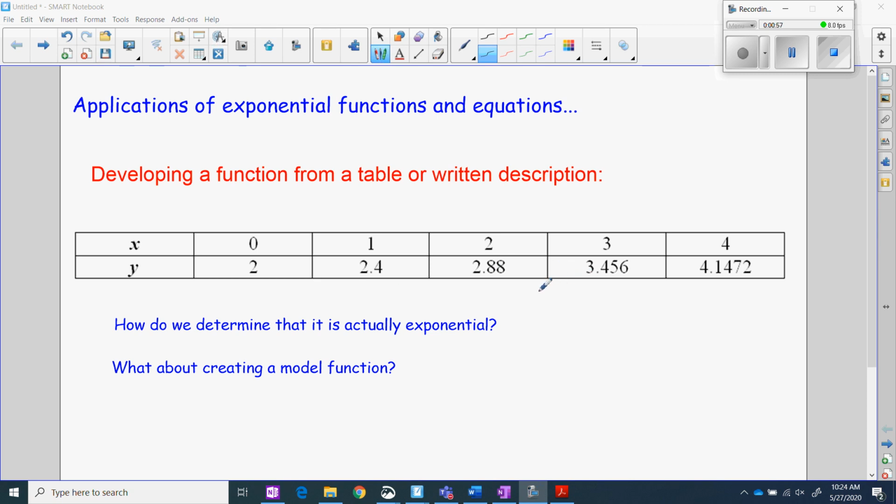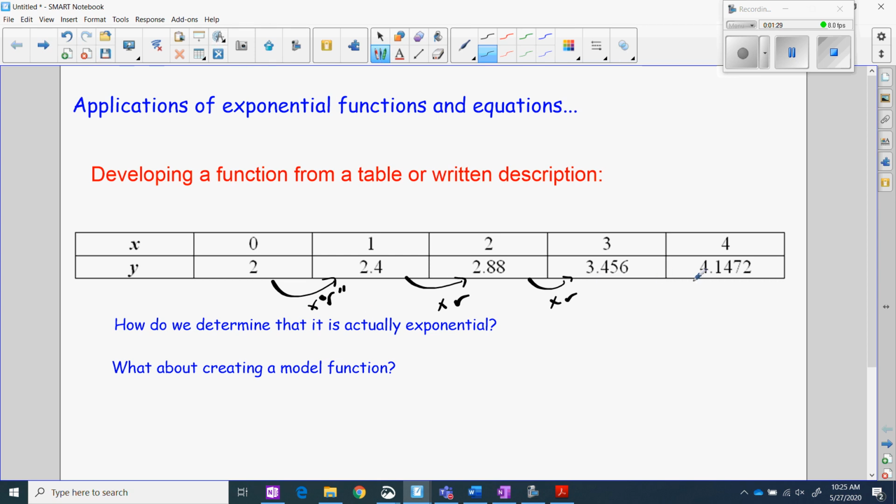To be exponential, you have to be taking this number and multiplying it by some number, and the letter we use is R, the common ratio. Then this one has to be multiplied by the same thing again, and then this one has to be multiplied by the same thing again. So something that's really obvious, you can just tell by looking at it, well, look, we're multiplying by 2 or 3 every time.